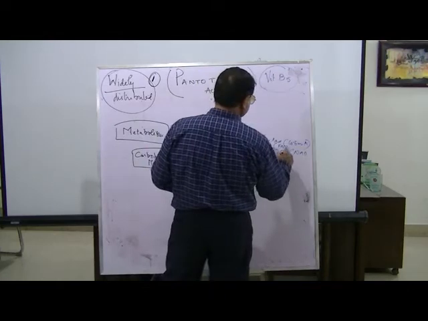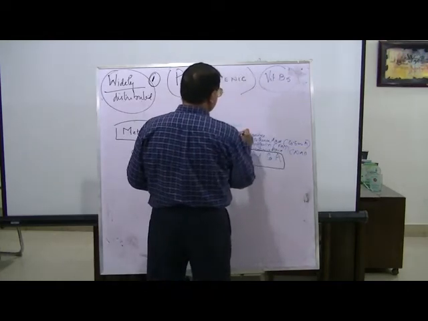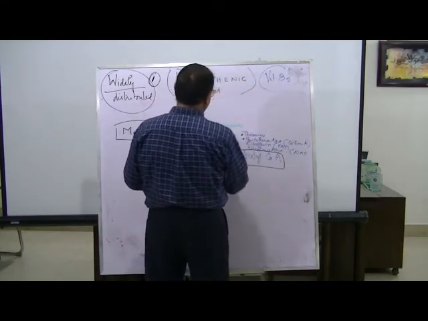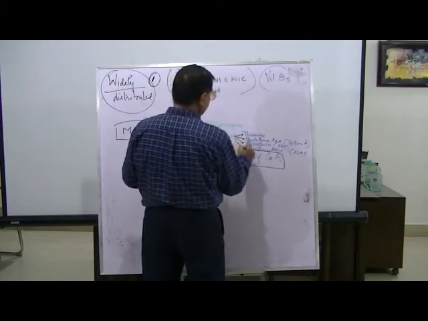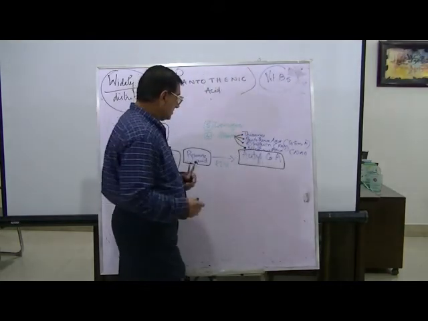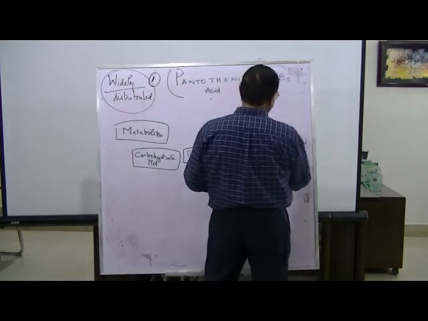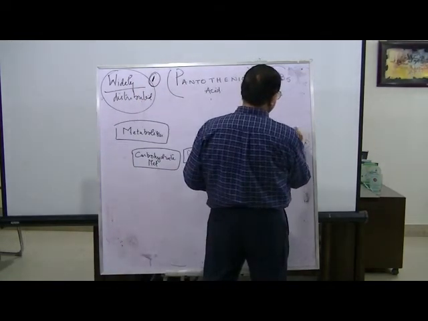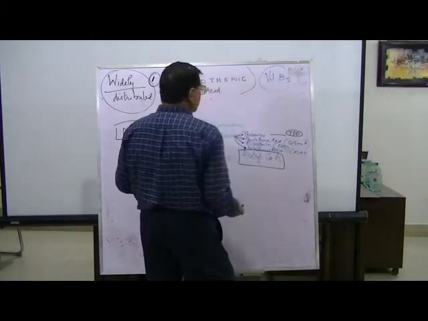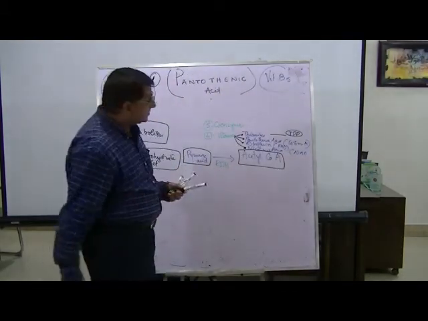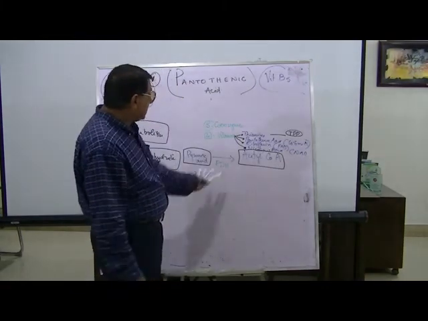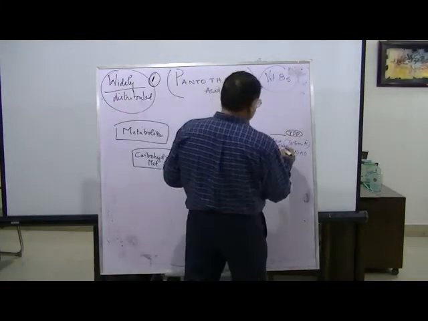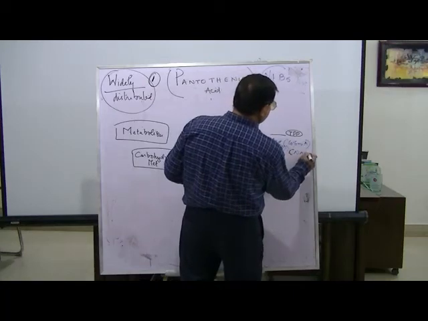Conversion of pyruvic acid to acetyl CoA. So you've got 4 vitamins: thiamine in the form of thiamine pyrophosphate, pantothenic acid in the form of coenzyme A, so it's such an important reaction, riboflavin in the form of flavin adenine dinucleotide, and nicotinic acid in the form of NAD.